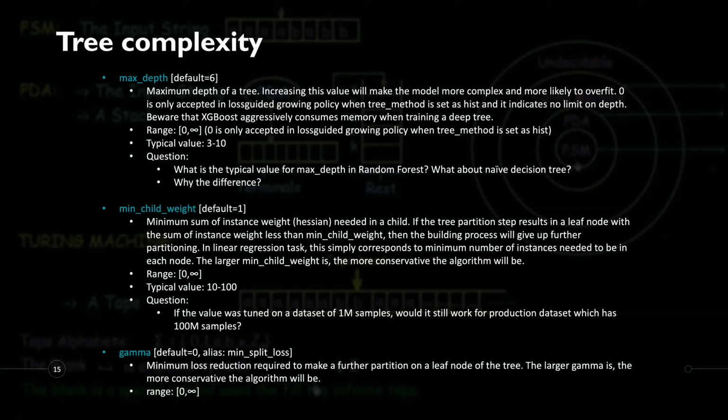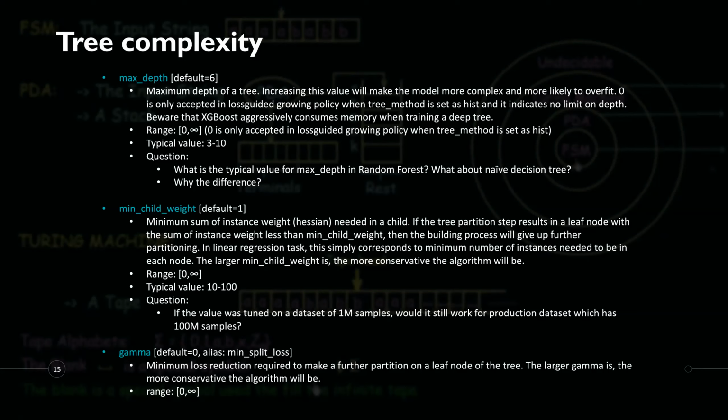The less complex a tree is, the less capable the model is, and the risk of underfitting increases. So the purpose is to find a good balance, not too simple and not too complex.